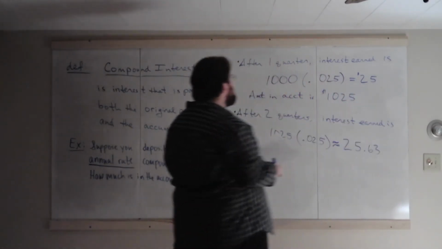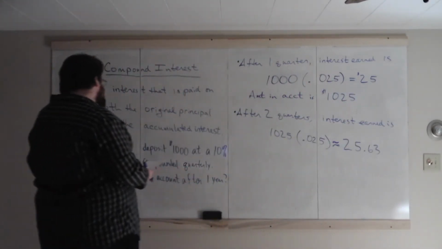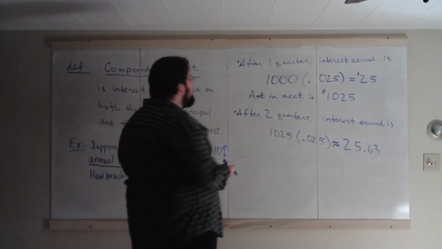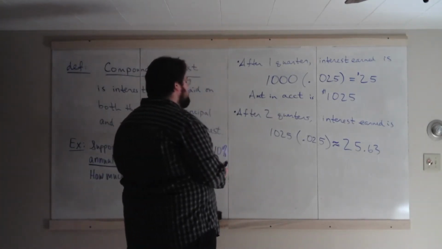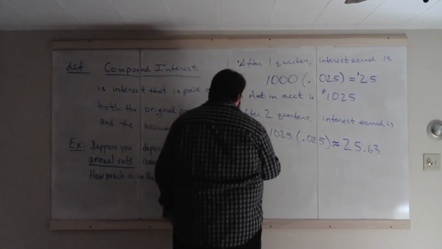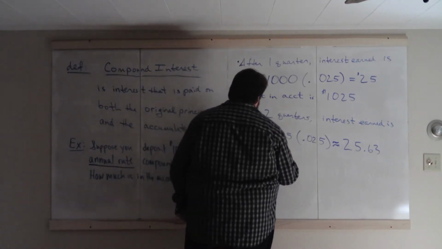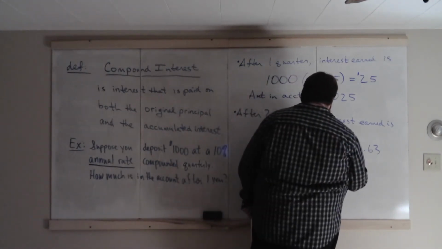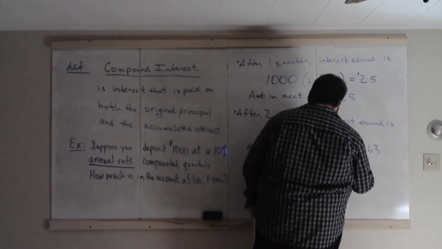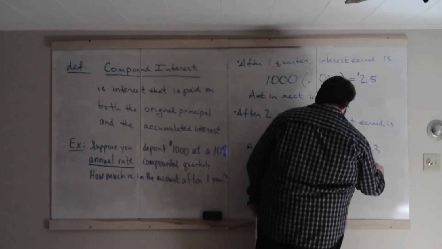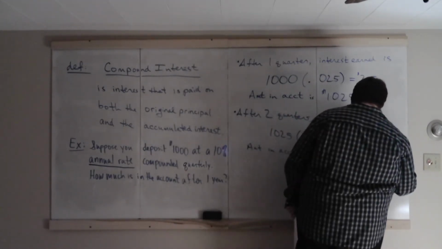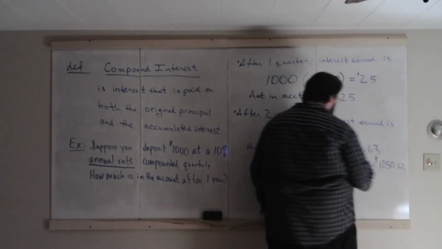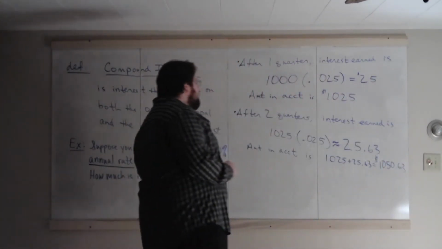It's actually 25.625, but we will round that up because 0.625 rounds up to 63 cents. So the amount in the account is 1,025 plus 25.63 equals $1,050.63. Okay, so that's after 2 quarters.